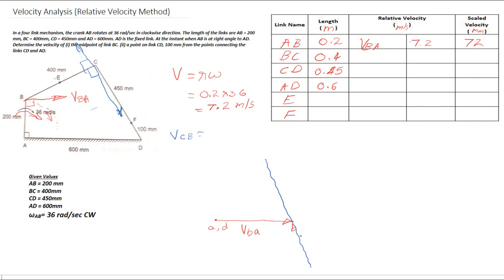Sorry for the irregularities. I am just explaining the procedure of how to carry out the velocity analysis. Next you have to consider the link CD.